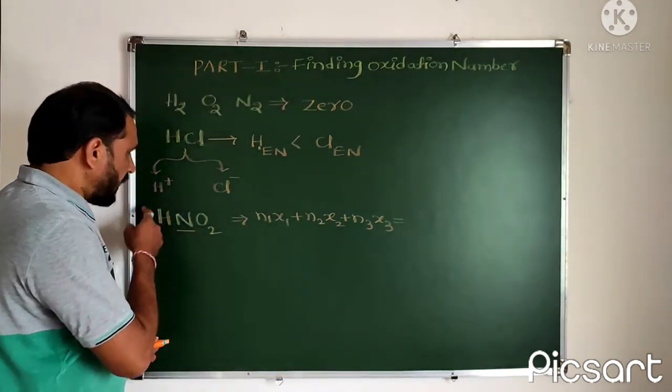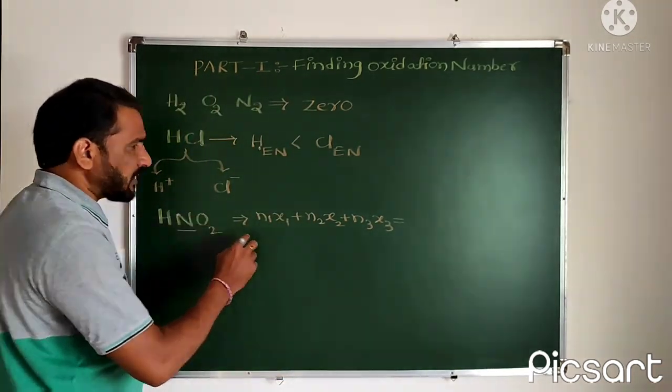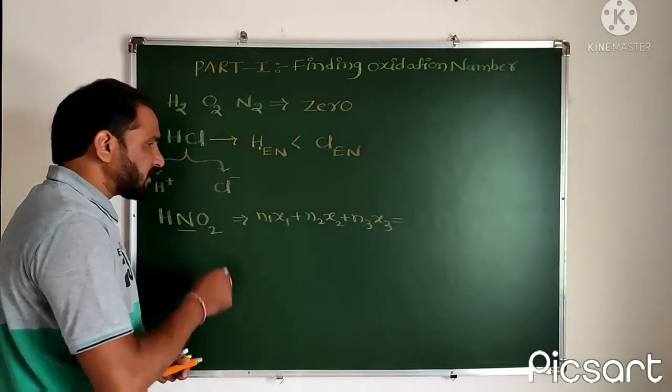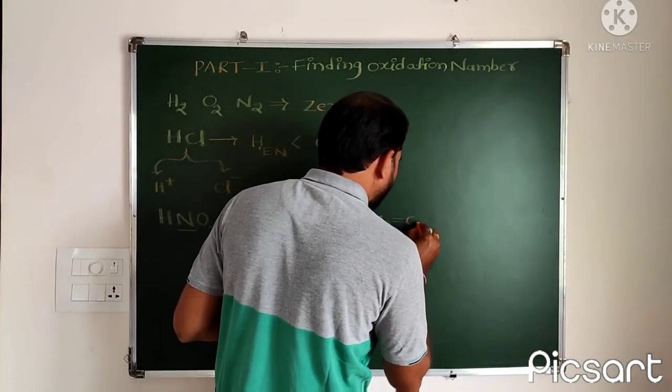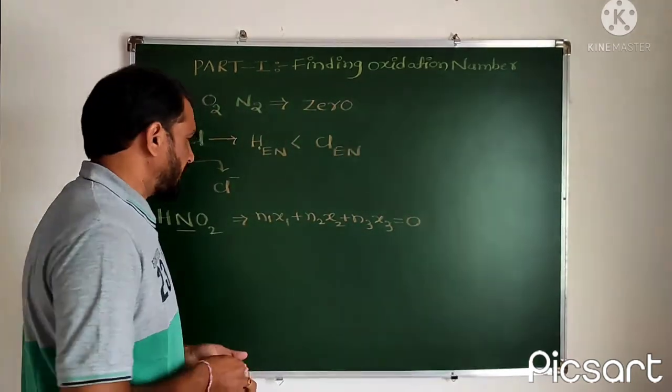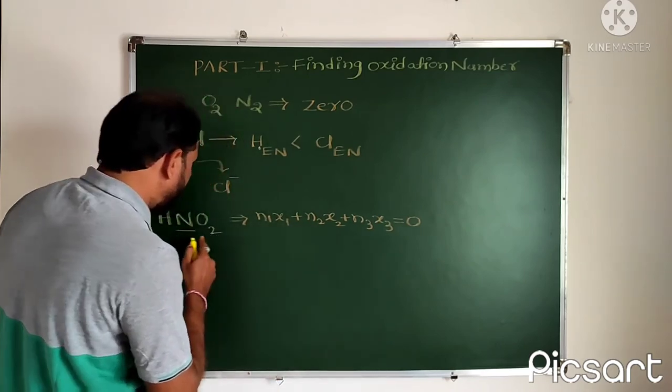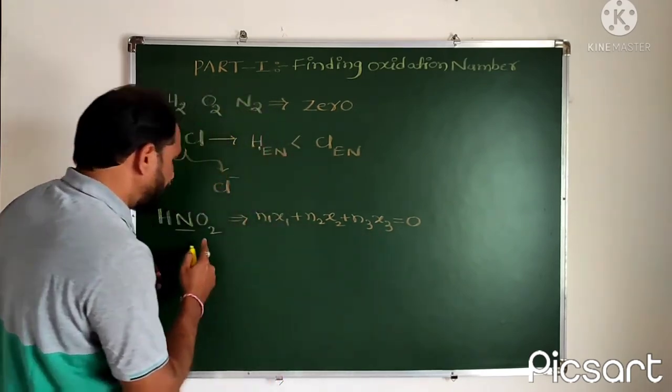Then, is there any charge over the molecule? That we can write after the equals sign. If nothing is there, it is equal to 0. Right? Here this is about hydrogen, this is about nitrogen, this is about oxygen.